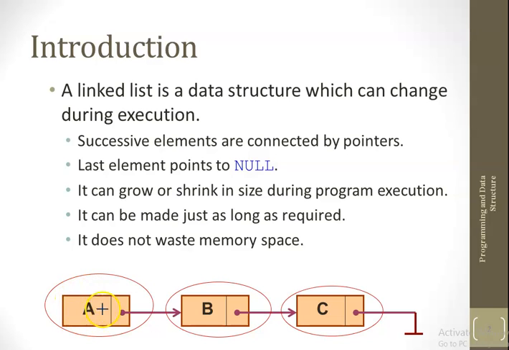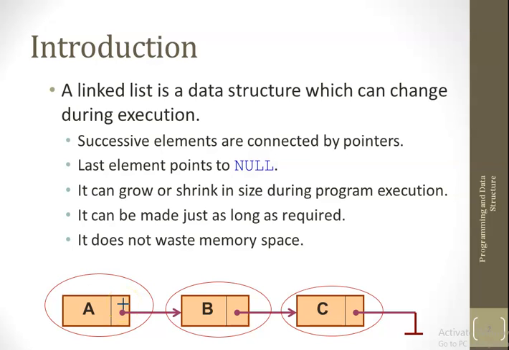One is storing the information. Here A, B, C are the information. It can be numerical values, alphabetical values, or any other type of values. It is not necessary to store single values. We can have multiple values also. Anyway, this cell is divided into two portions. One is for storing information and the other is for storing the address of the next cell.